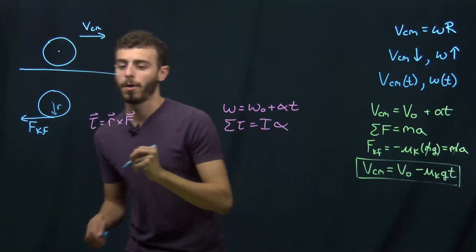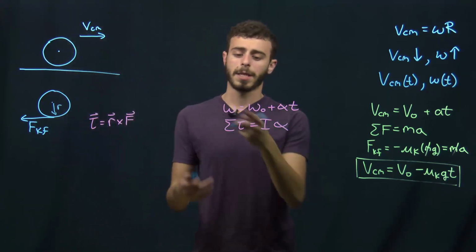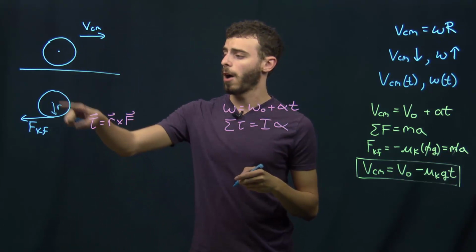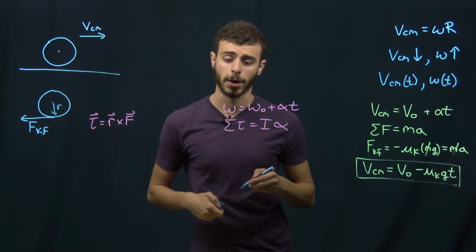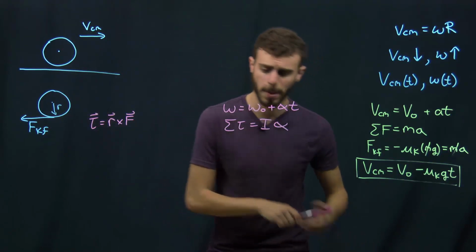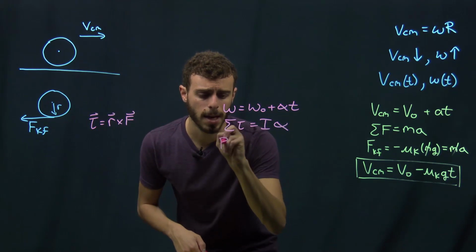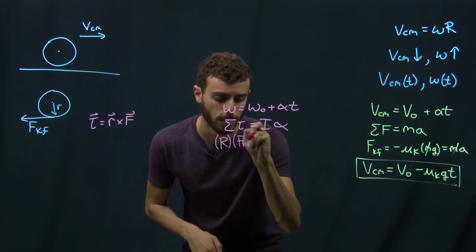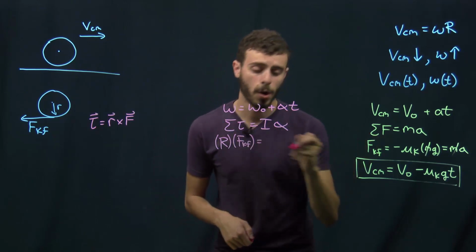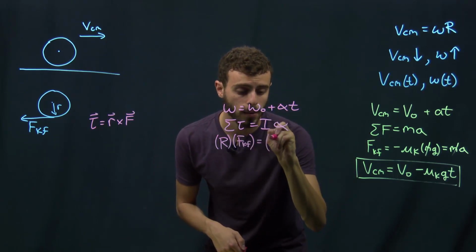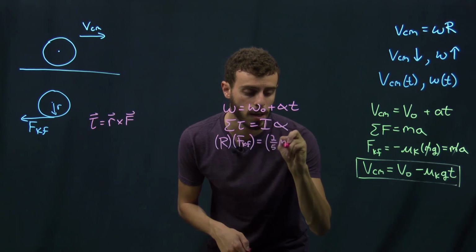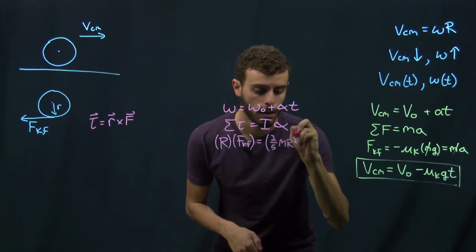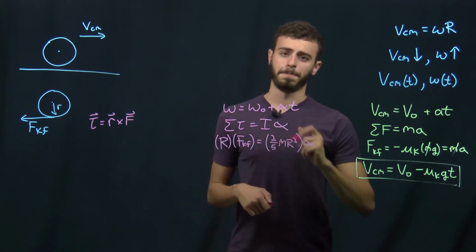This here will be our R vector. And so in this case, our torque is just going to be our radius times our force of friction. So that's to say this torque is just R times the force of kinetic friction. And again, we're going to impose that that must be equal to I, which we're told is 2/5 mr squared, and then times alpha.